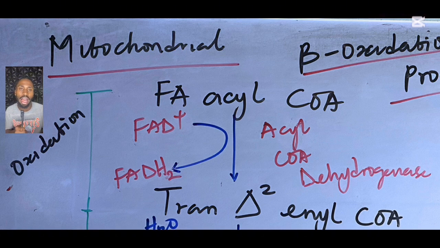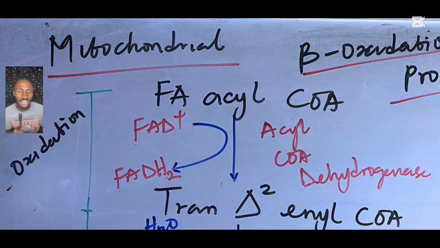When you use this enzyme, you are reducing FAD+ to FADH2, converting fatty acid CoA to trans-delta 2 acyl CoA. Now, acyl CoA dehydrogenase differs for long chain, medium chain, and short chain fatty acids; they are very different. Here we are treating a long chain fatty acid.